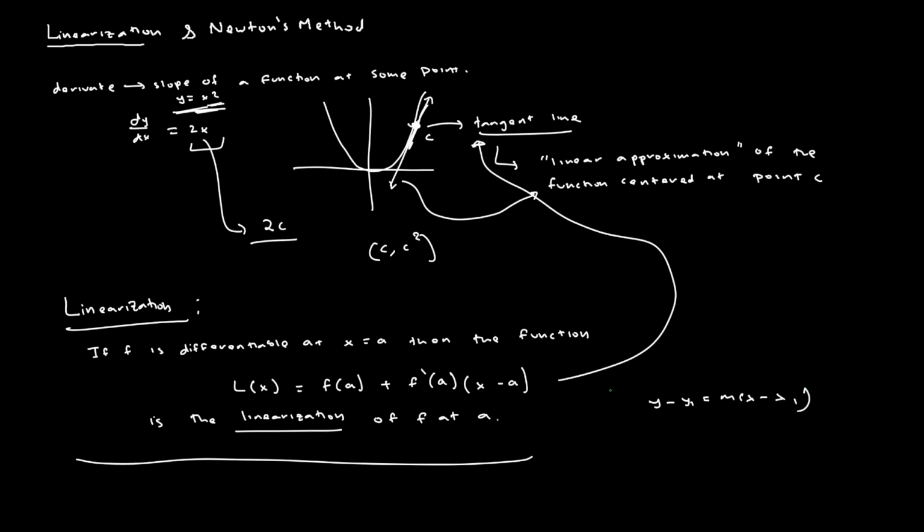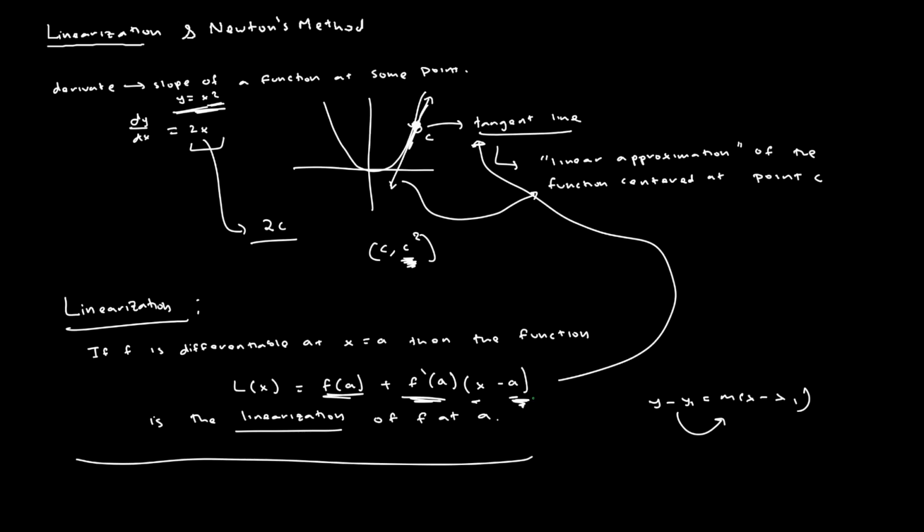F of a is simply this point right here, so f of a would be c squared in our example, and it's just the point slope formula with y taken over here. And f prime of a is the derivative at point a, which is the slope we would find. And then x minus a would just be x minus x1, where a is the point. That's the whole idea of linearization.